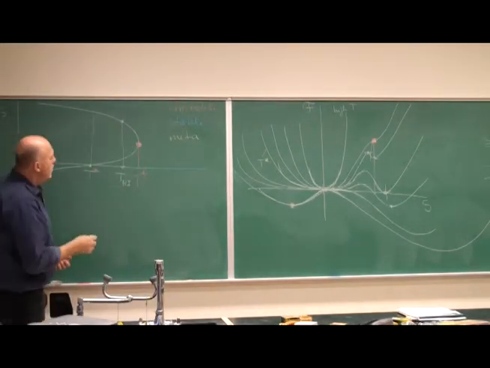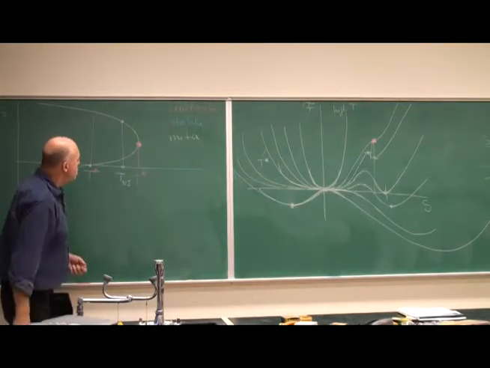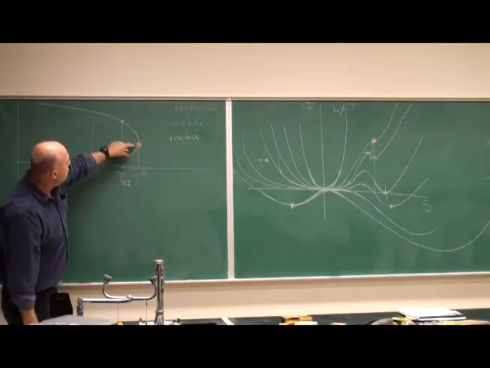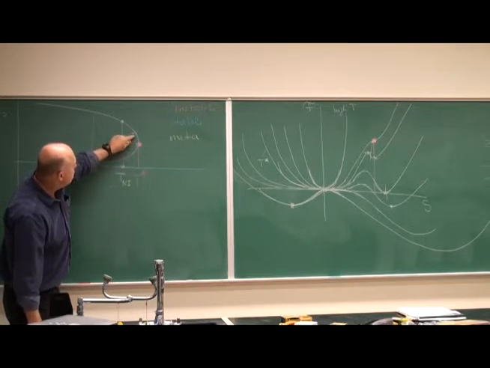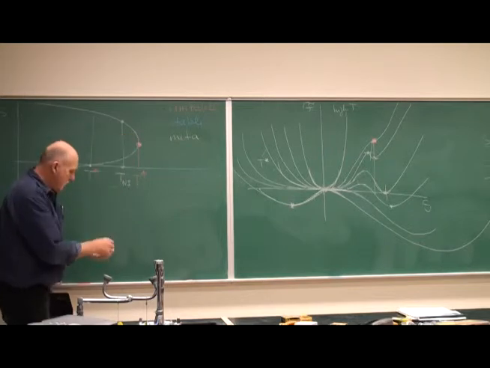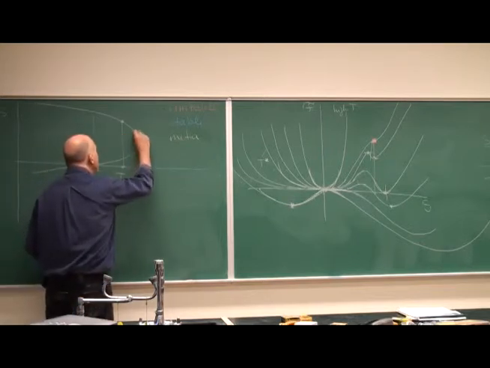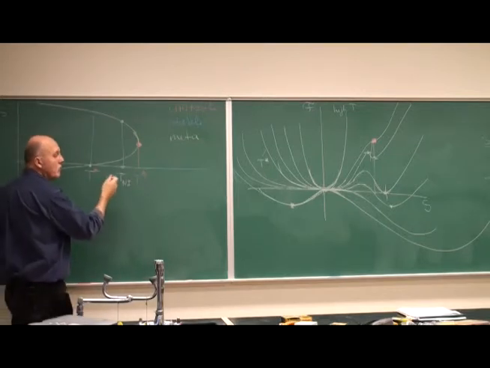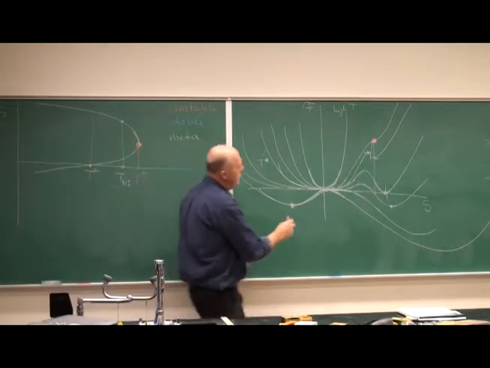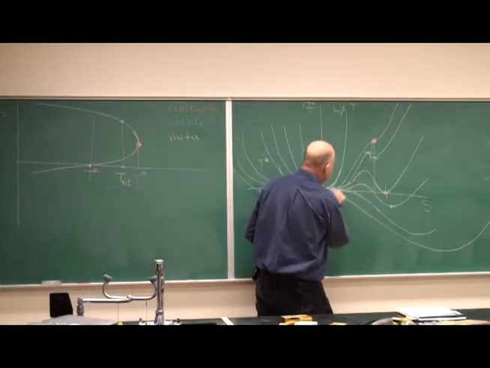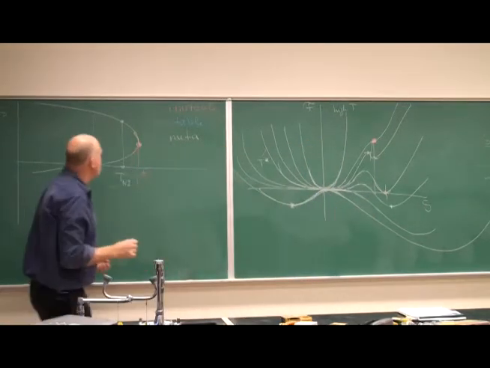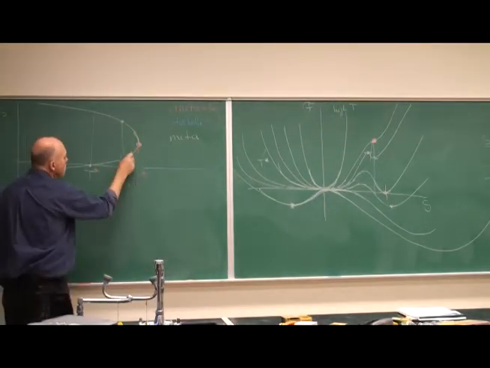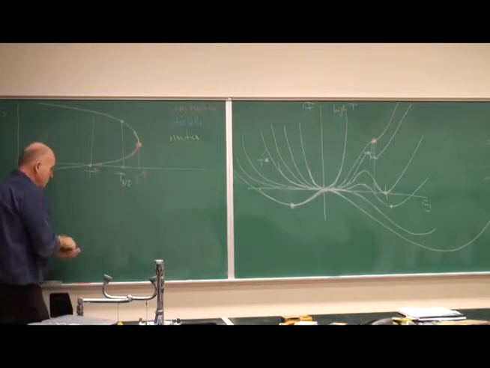After that, what happens? A new solution appears, and then we have two of those. What is this branch? Metastable. Right. What about the lower branch? Unstable. Right. This continues all the way until we get to here. So this is red, and this is yellow.